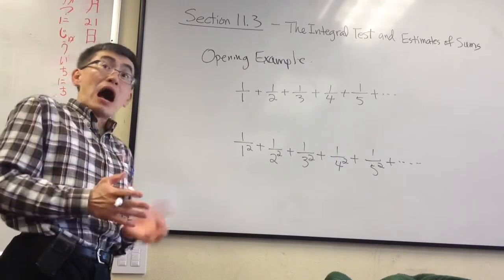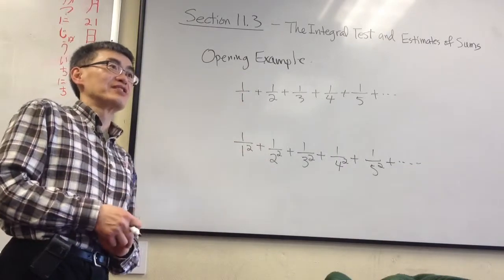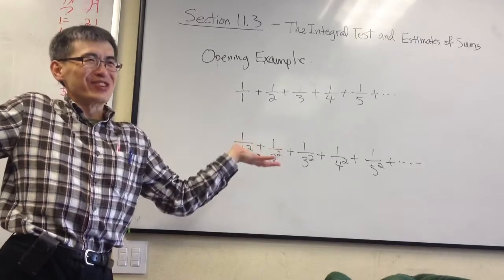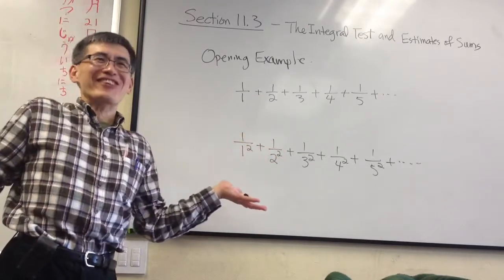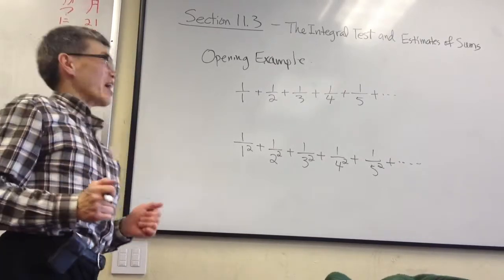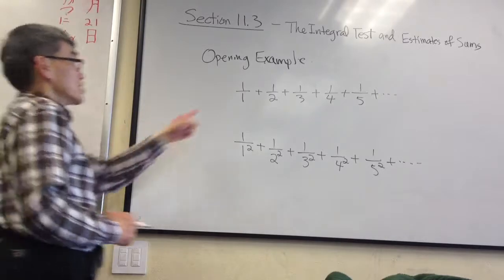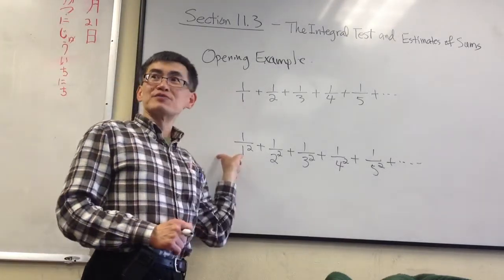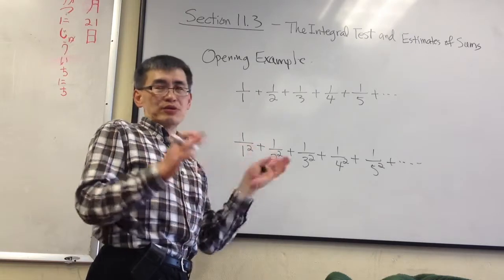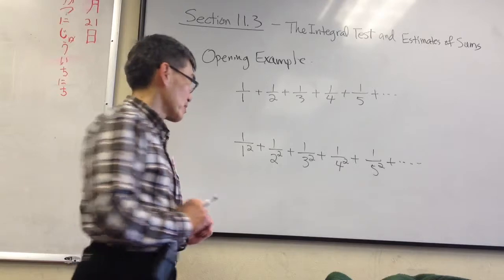But how about if the terms do go to 0, as in this case and that case? Then you say, well, I don't know. It could converge, it could diverge, I just don't know. So it's pretty much useless. As it turns out, this one diverges, whereas this one converges. As it turns out, but not with the help of the test for divergence, of course.